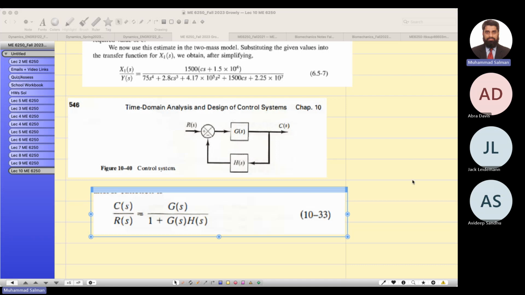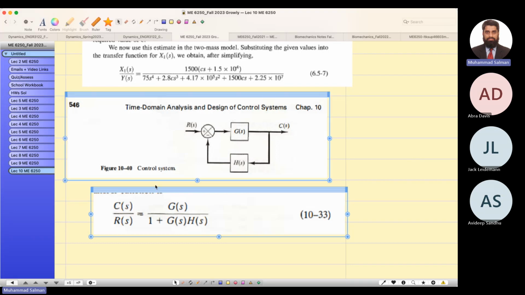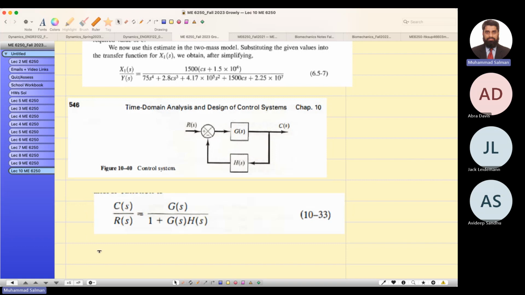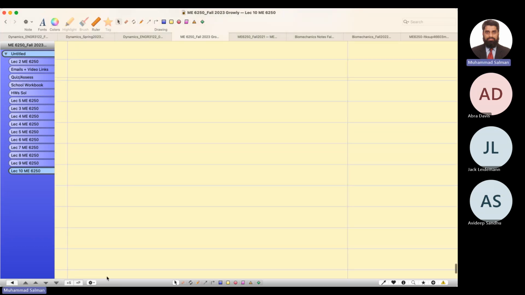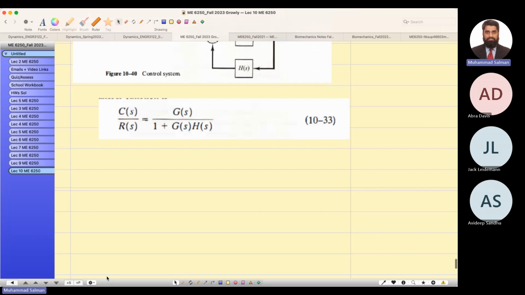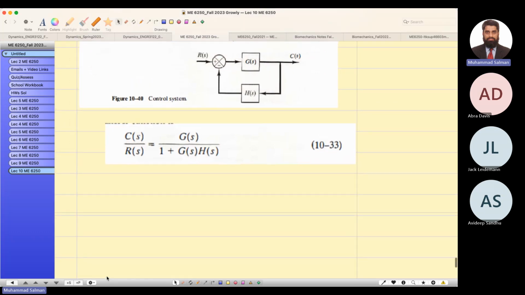This one is the equation. The characteristic equation is the denominator. The denominator equation is the characteristic equation of the dynamic system, which is also known as the root locus equation.